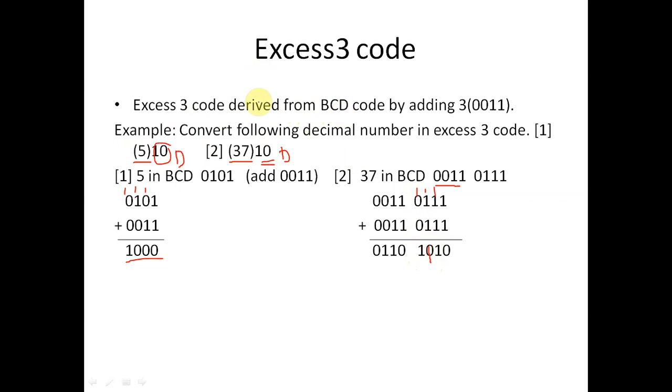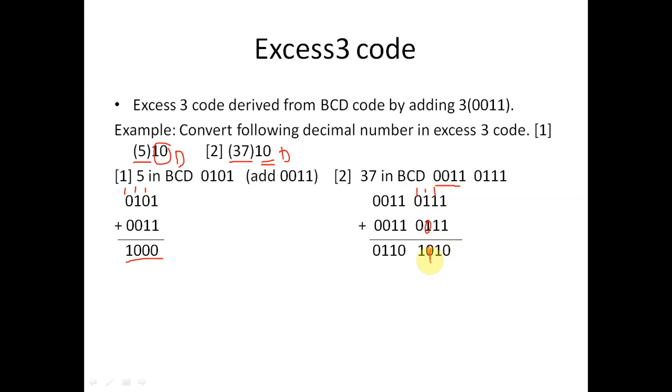This one is wrong. Look here, 0011 plus 0011, and 0111 plus 0011. 1 plus 1 is 0 with carry 1. Now 1 plus 1 plus 1 is sum 1 with carry 1. 1 plus 1 is 0 with carry 1.